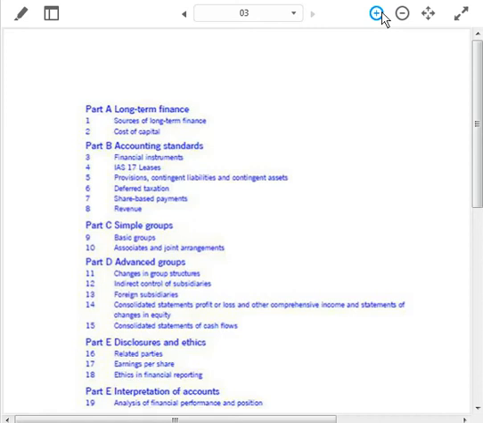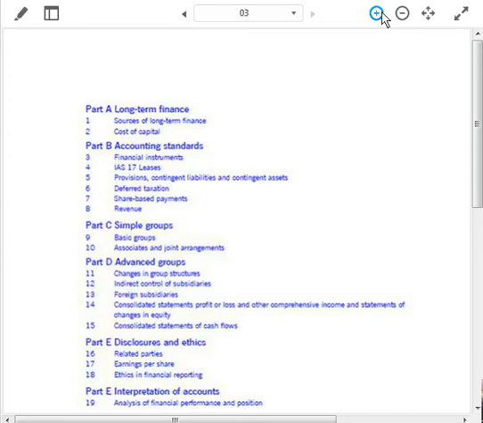Then provisions, contingent liabilities and contingent assets will be discussed, and we are going to discuss deferred taxation in detail, and IFRS 2 share-based payments will be learnt here, and also IAS 18 revenue recognition measurement techniques. Again, we are going to recap and look at what are the advanced techniques available for revenue recognition.